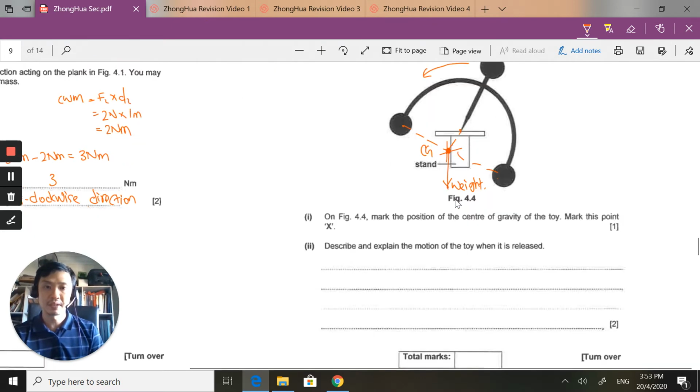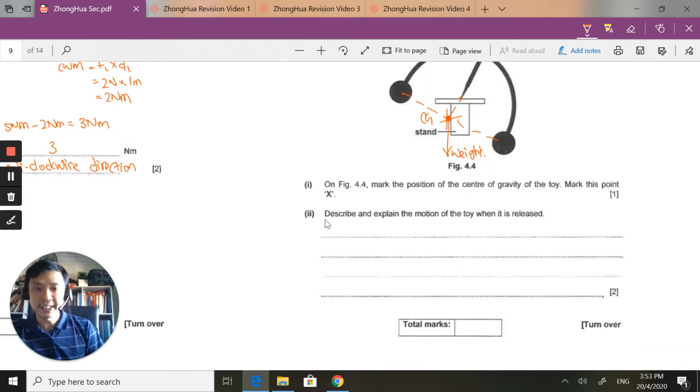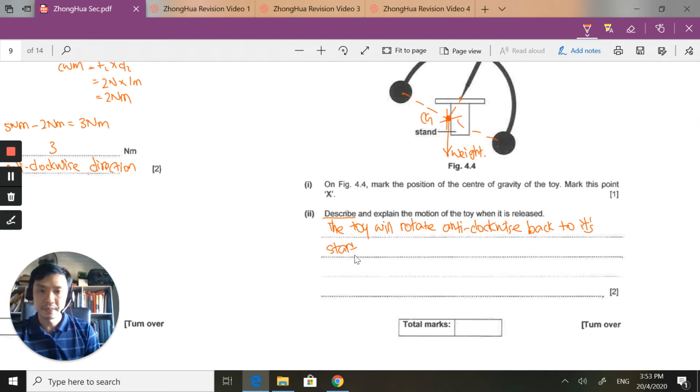All right. So first, let's describe: the toy will rotate anti-clockwise back to its starting position. And why is this so?